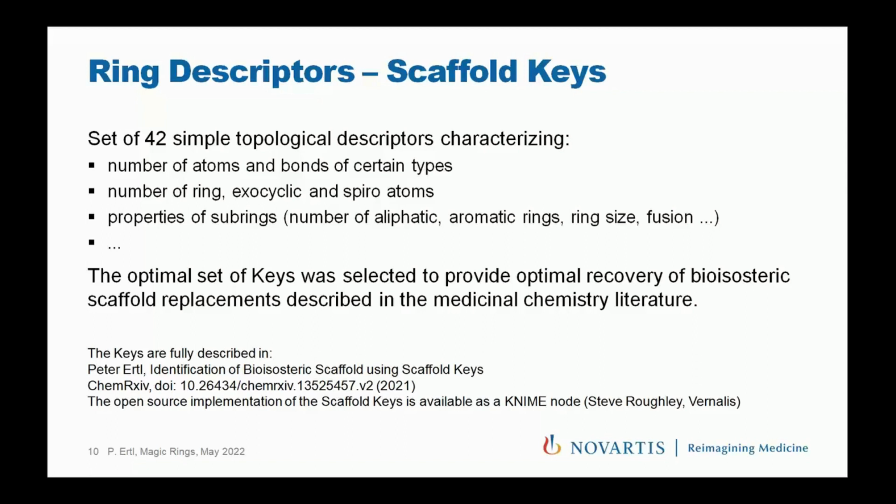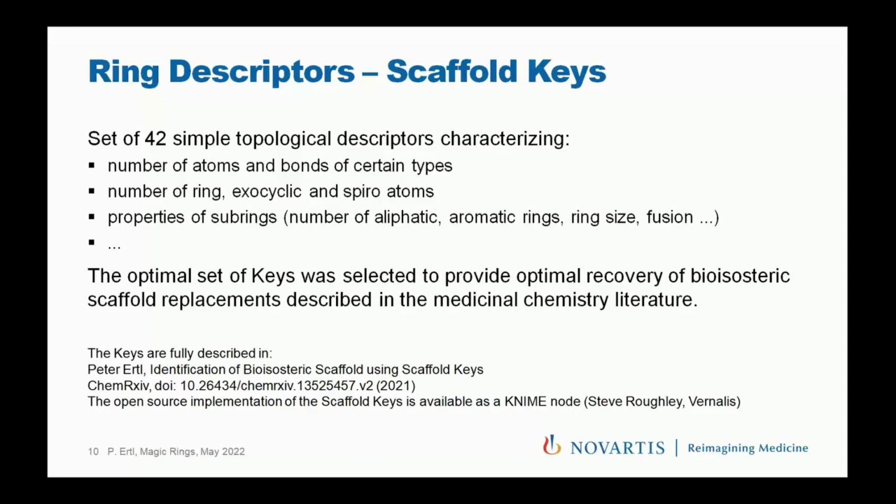I don't want to go too deep into the details. If you are interested, you can find full details in this article in ChemRxiv. This is an open source article. Of course, one can calculate a very large number of these topological descriptors. How did I come to these 42?